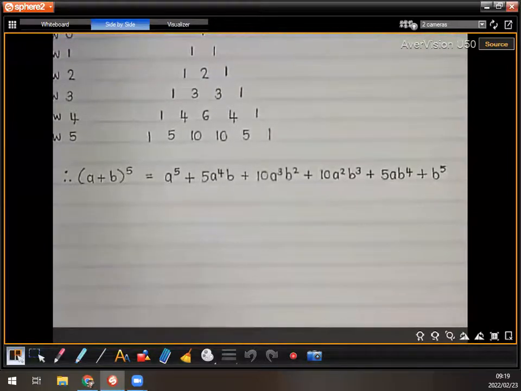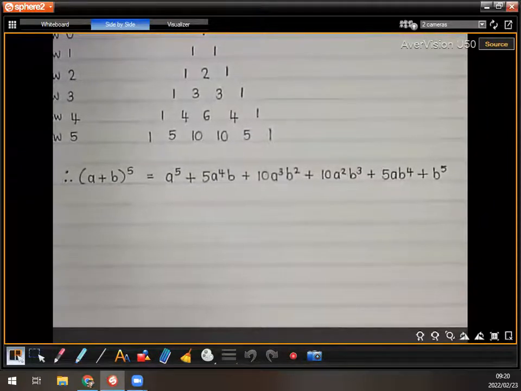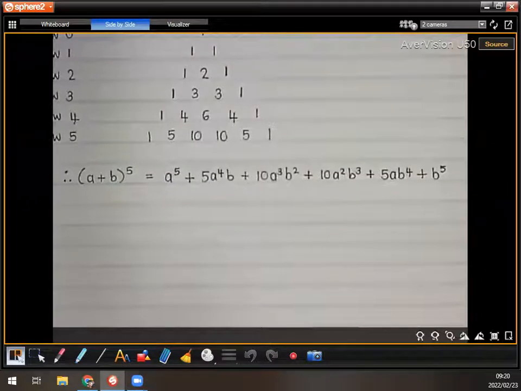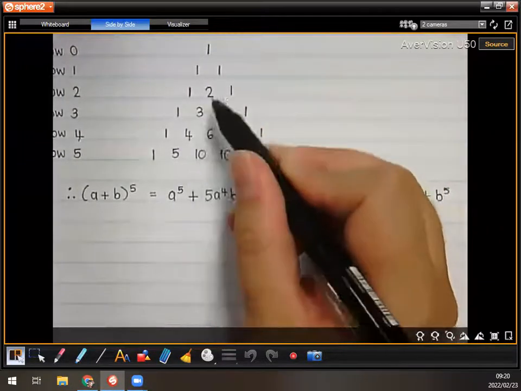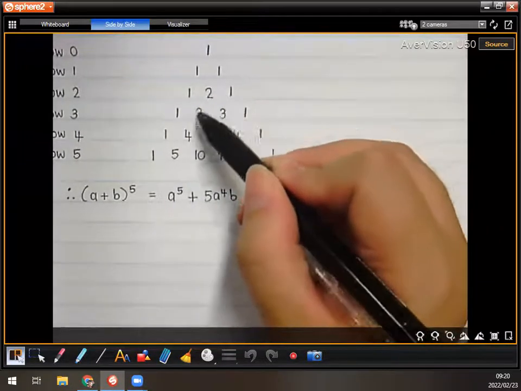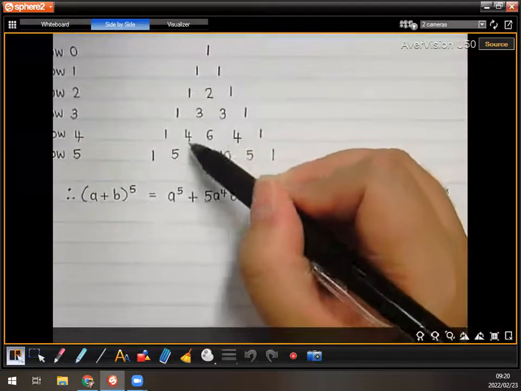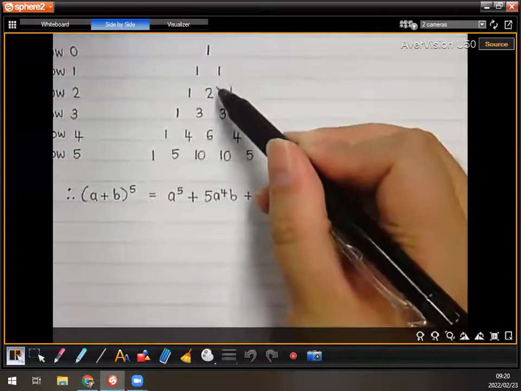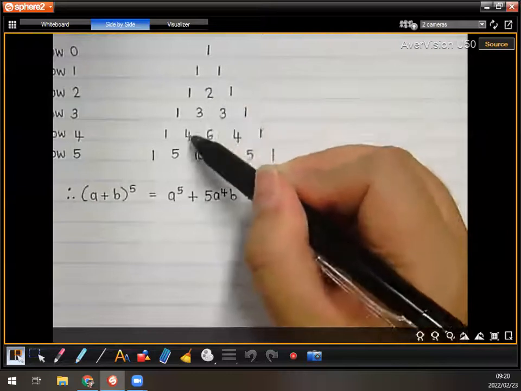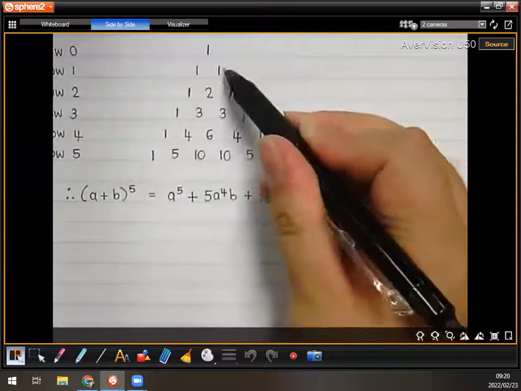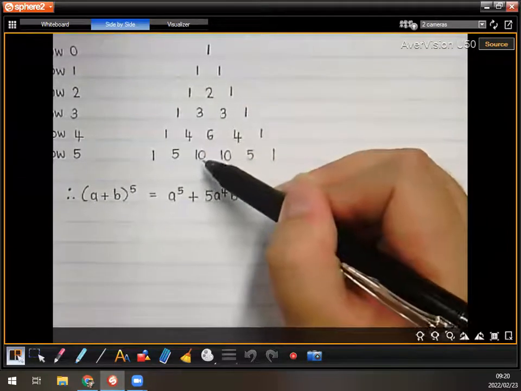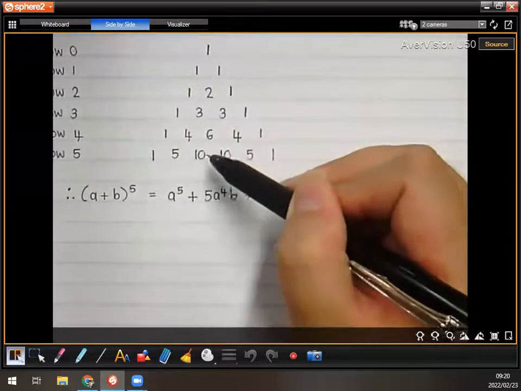Okay, now there are all sorts of other patterns as well, and we actually used to do an investigation on Pascal's triangle in the past, where the question was asking to identify all the different patterns. So there is a hockey stick pattern, I think, where you start from the top and then do that hockey stick shape. If you add all of the numbers along the stick, it will give you the value at the bottom of it, if that makes sense.